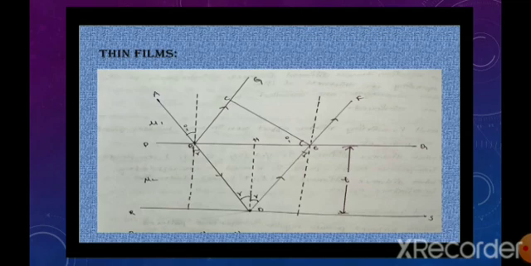I and r are the angle of incidence and angle of refraction. When the refracted ray falls on the RS surface, it is reflected back to the first surface, that is, DE is the reflected ray, and then EF is the refracted ray outside. T is the thickness of the glass film.